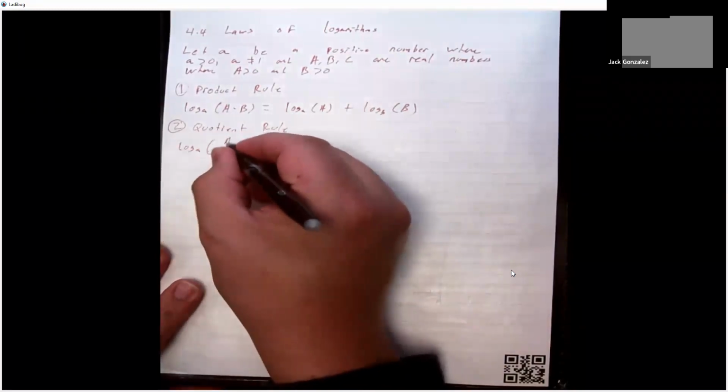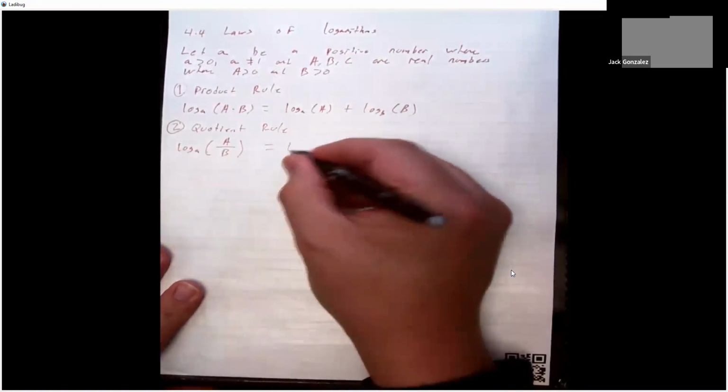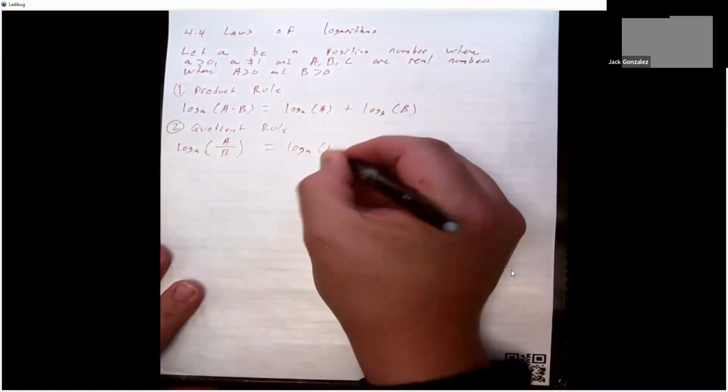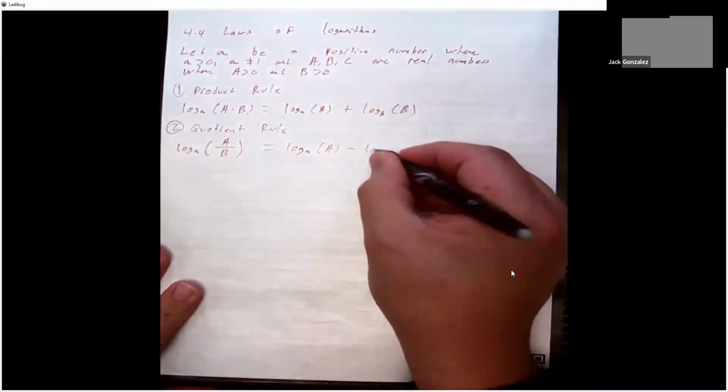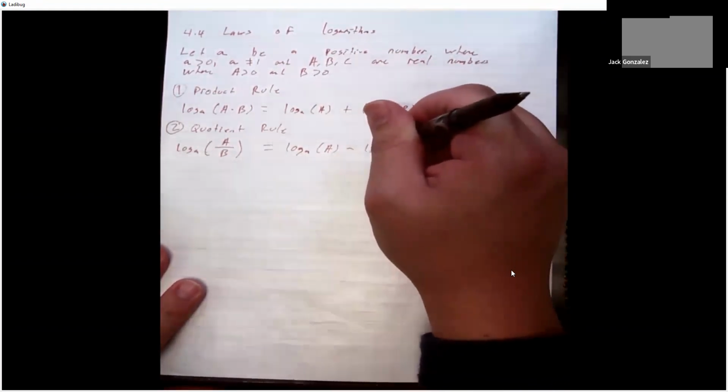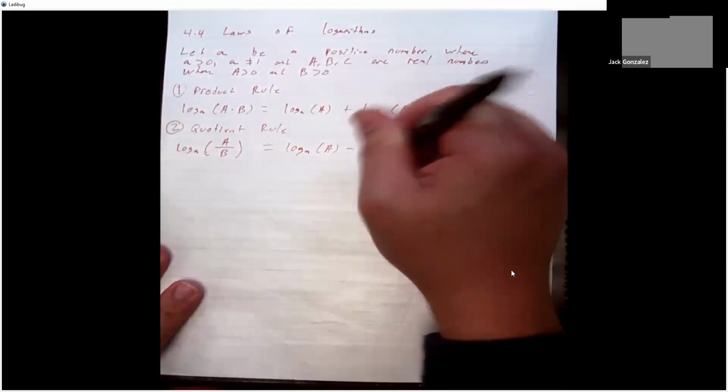If you have a quotient, A divided by B, that will equal a difference of log A and log B. Shoot, that should be base a. Sorry about that. All the bases must remain the same. They don't change. When you apply these laws, it should be the same base.